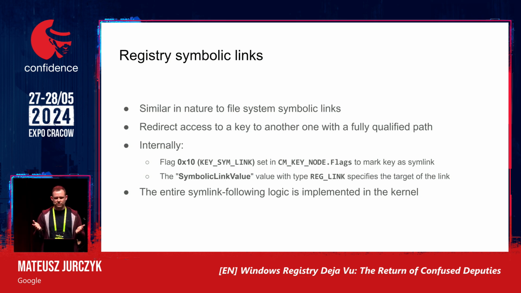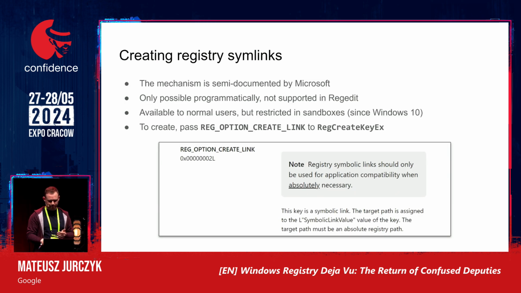What they do is redirect access from one key to another key whose path we specify as the user or the attacker. Internally, it's just a simple flag that is being set in the key node descriptor inside of the hive file. We also have a special value called the symbolic link value, with a special type of REG_LINK, that defines where you are redirecting the key to. And the whole symbolic link following logic is implemented in the kernel.